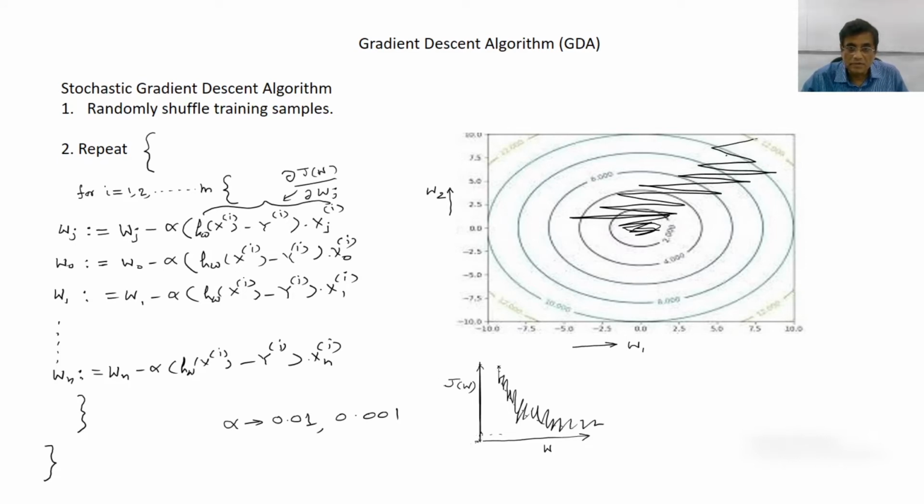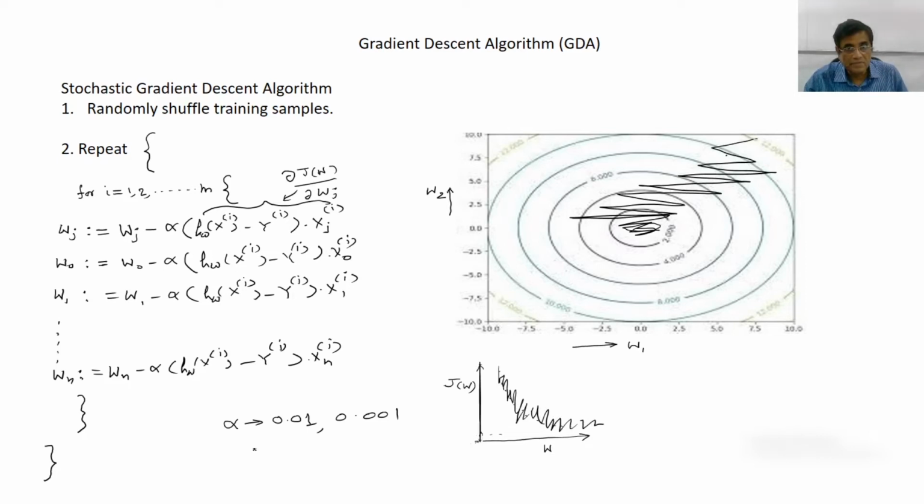And if you draw the cost function with W, then you will see some oscillation, but the trend should be like this. It should decrease. Why? Because again it is a convex function. The very nature of the function will assure that it will converge, although there will be some oscillation. So there is no free lunch in machine learning.